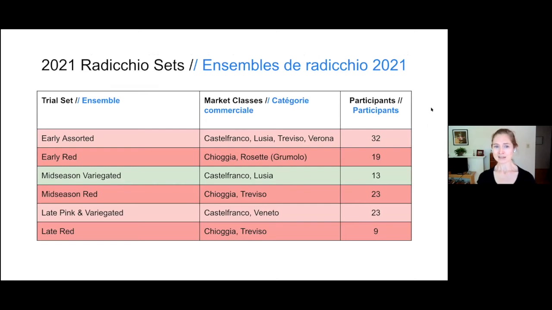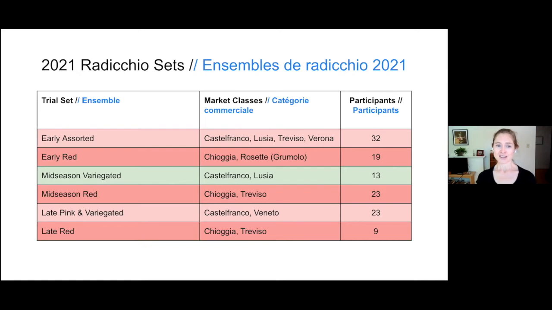We organized these into sets based on their market class and days to maturity, so that they'd be easier to compare within type and easier just to manage within your farming system. Not surprisingly, there's the most interest for the early types, which makes sense with the short length of a lot of people's growing seasons.